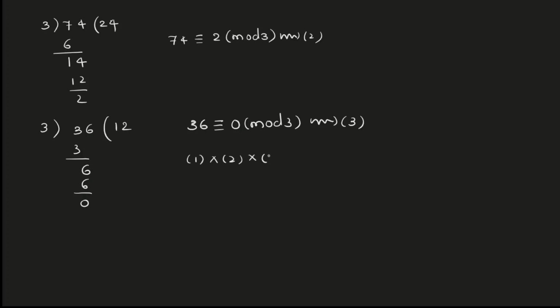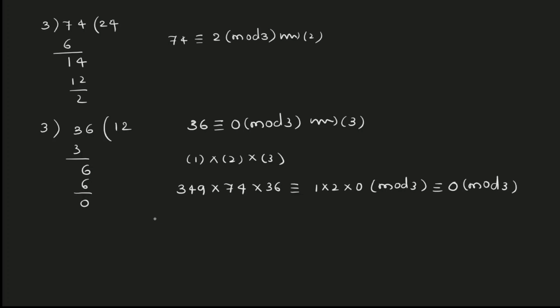So 349 into 74 into 36 is congruent to, what are the remainders? First is 1 into 2, but lastly we have got 0 mod 3. So it is congruent to 0 mod 3.